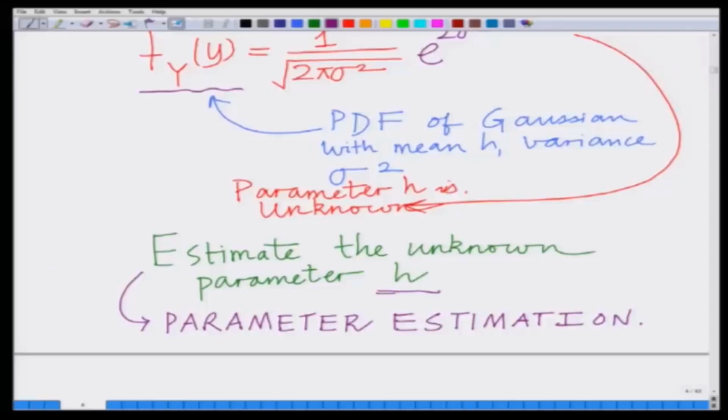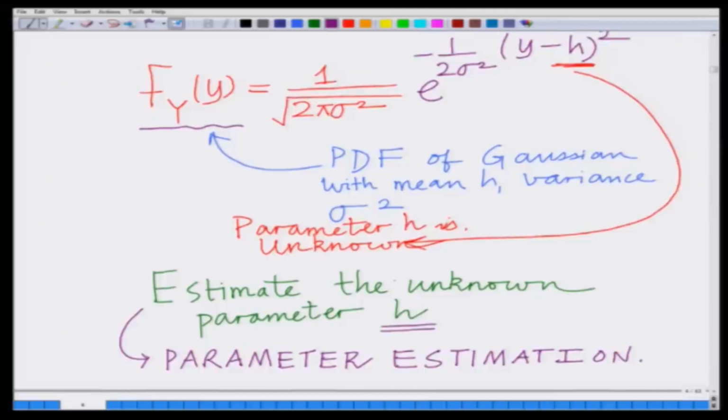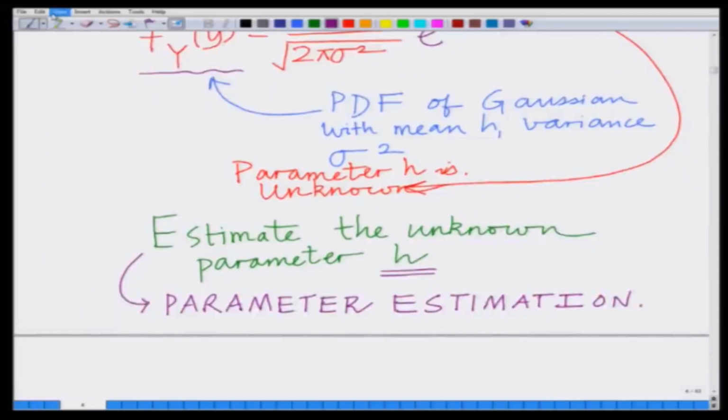So, trying to get knowledge of this unknown parameter h from the noisy observation is basically the framework of parameter estimation, and this is going to be the focus of the rest of the modules in this course, that is how to estimate this parameter h from the noisy observations y.